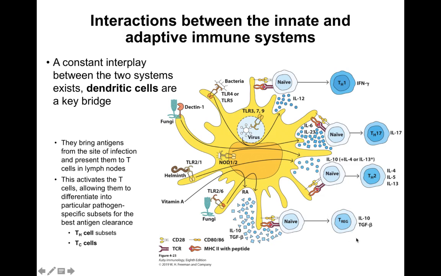And T regulatory cells are important because they decrease the inflammation by producing cytokines such as IL-10 and TGF-beta that are anti-inflammatory. So overall, the innate immune response will ultimately shape the adaptive immune response, because what this dendritic cell came in contact with will influence how the T cells are activated.